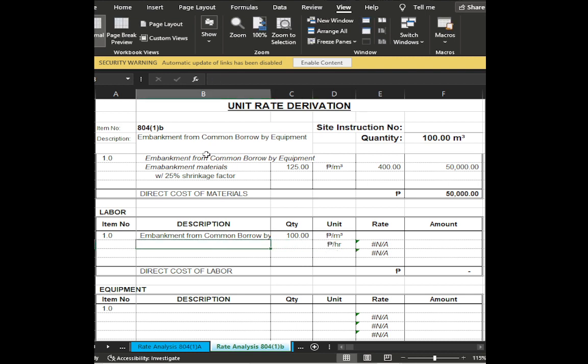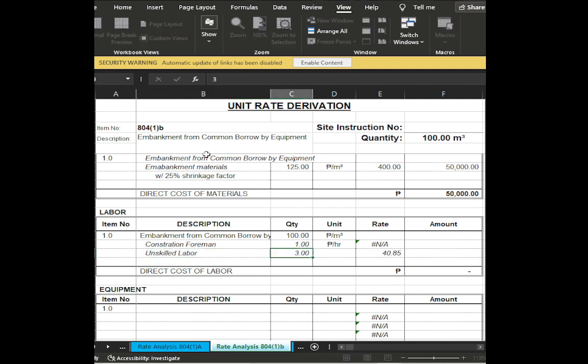We need a construction foreman, the same labor that we used in our previous discussion, the embankment from structural excavation. So this is construction foreman, one, then unskilled labor, we need three.